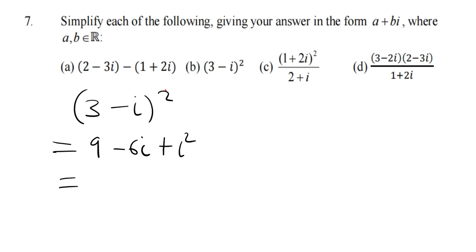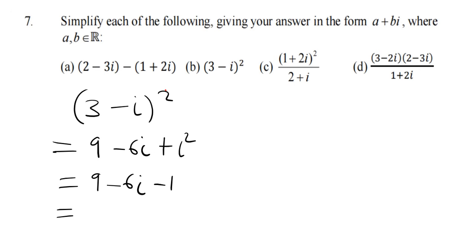Then, what do I now do? I'm going to have 9 minus 6i. Now, i squared is just a negative 1, like we've been saying when we're solving complex numbers, because i is the square root of negative 1.